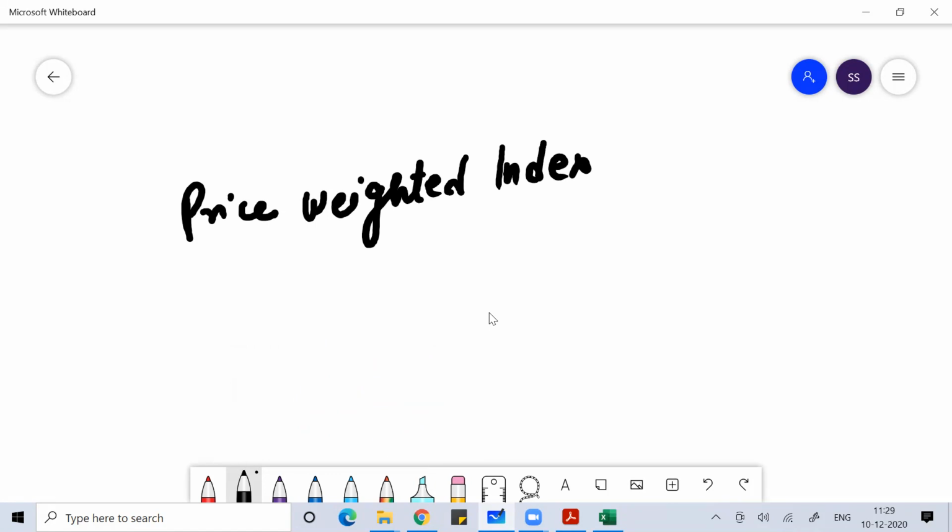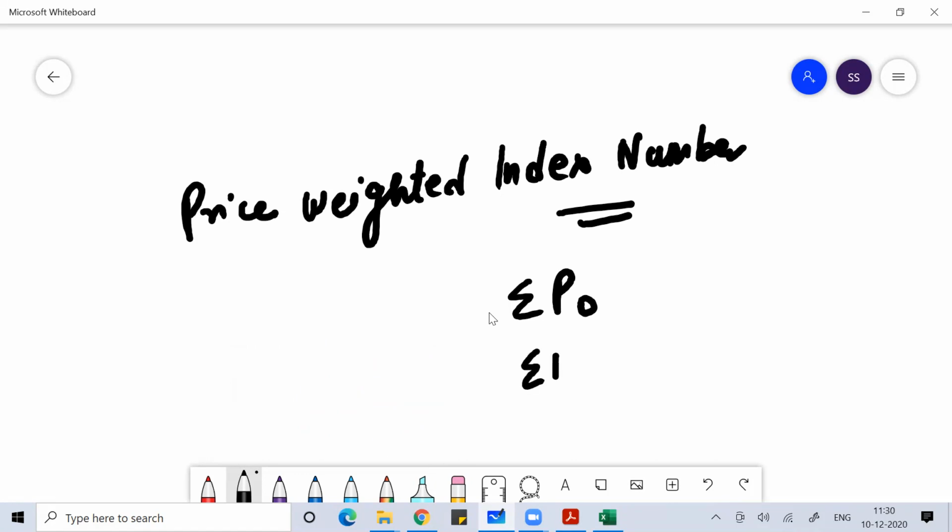In a price weighted index number, they look into only one parameter, called price. They calculate the sum of price for the base year, whichever year we call the base year, then the sum of price for the current year, and then they calculate the index.